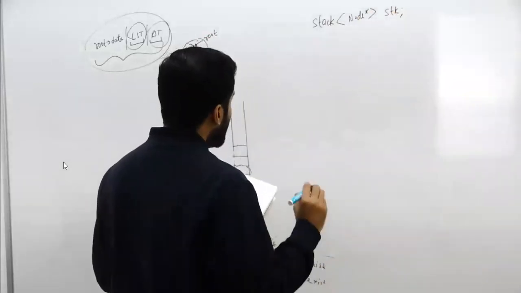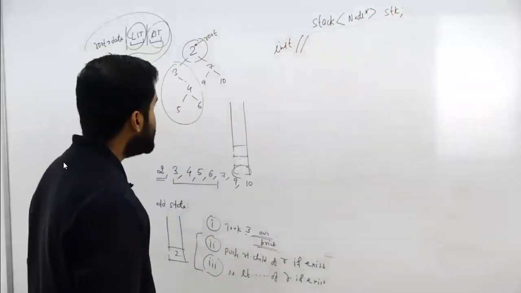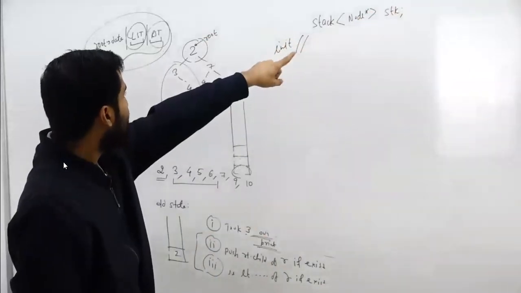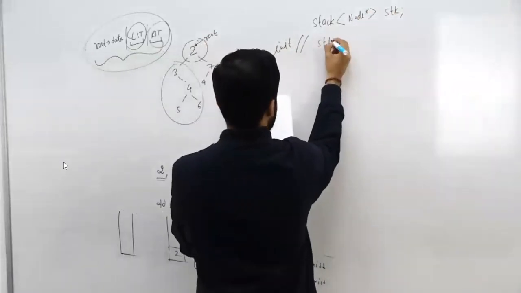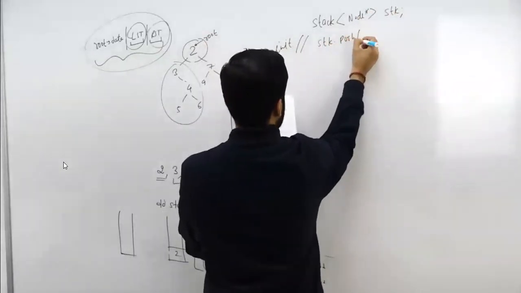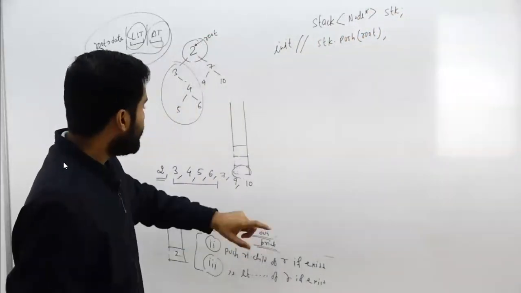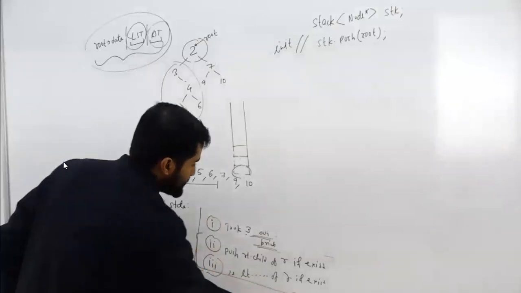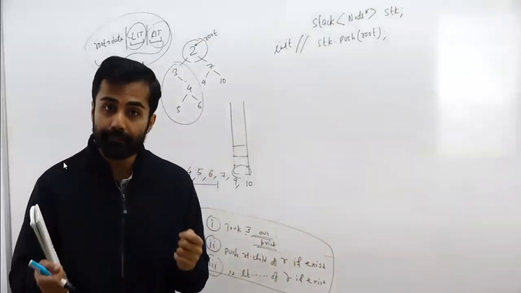Now, the next step is initialization. Initialization means you first push the overall root into that stack, so you do stack.push of root. Now you have to keep performing this as long as your stack is non-empty.